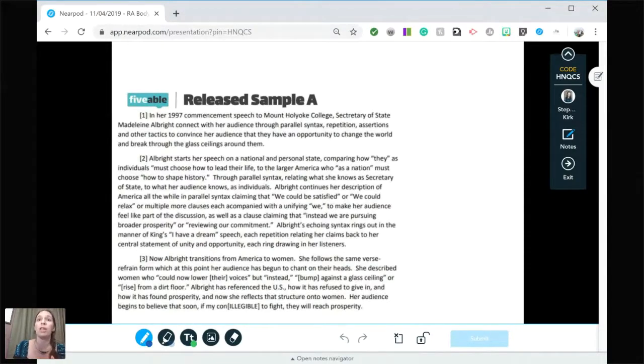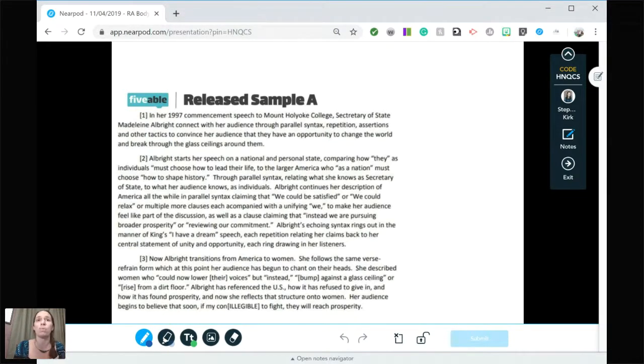Albright starts her speech on a national and personal state, comparing how they, as individuals, must choose how to lead their life to the larger America, who, as a nation, must choose how to shape history through parallel syntax, relating what she knows as Secretary of State to what her audience knows as individuals.